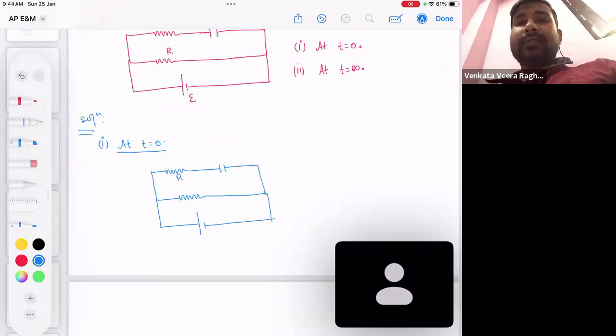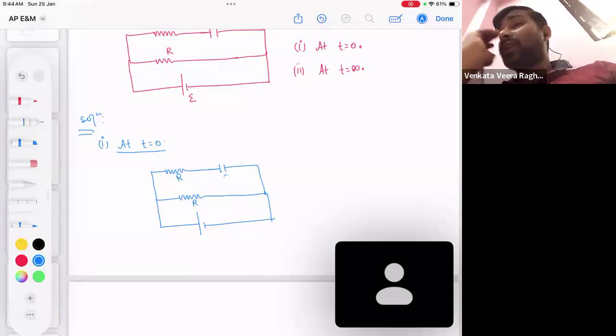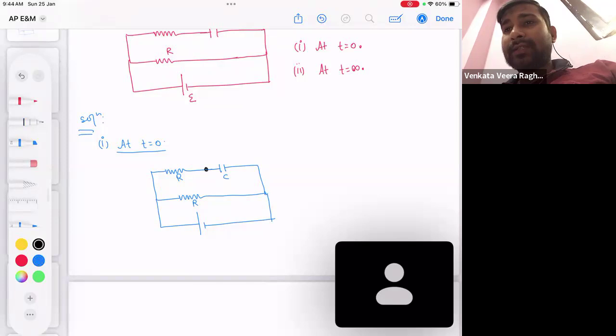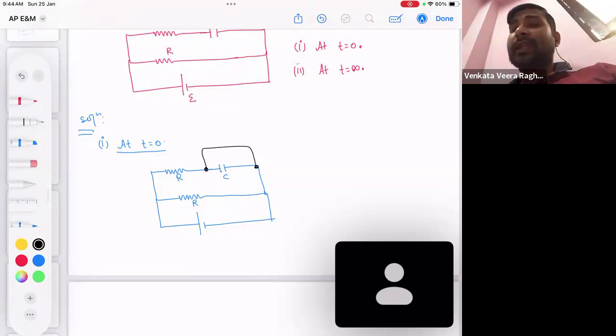R, R. Now at t equal to 0, what is going to happen? At t equal to 0, this capacitor is going to be short circuited. Short circuited means this is one end of the capacitor, this is the other end of the capacitor, and I am going to connect them with just a wire. Now see what you get.